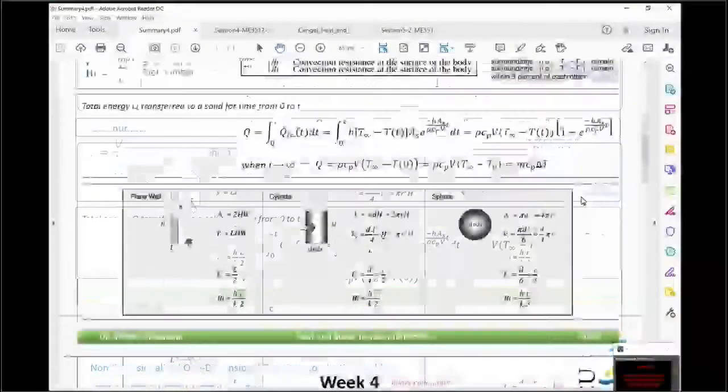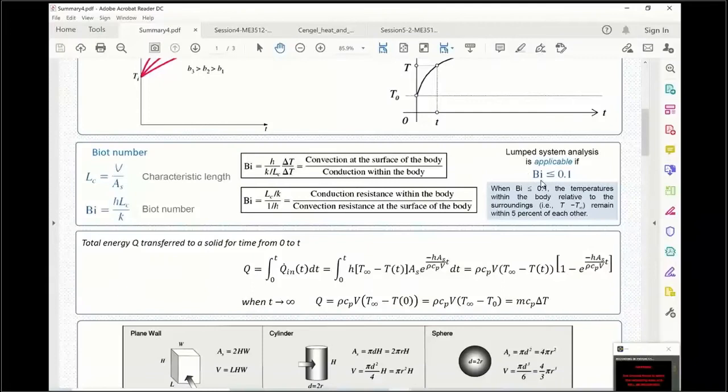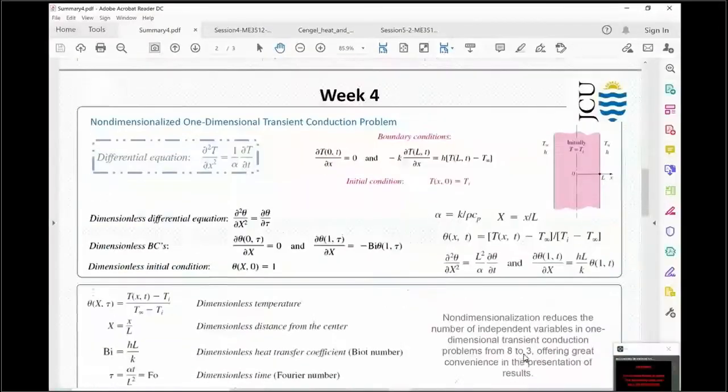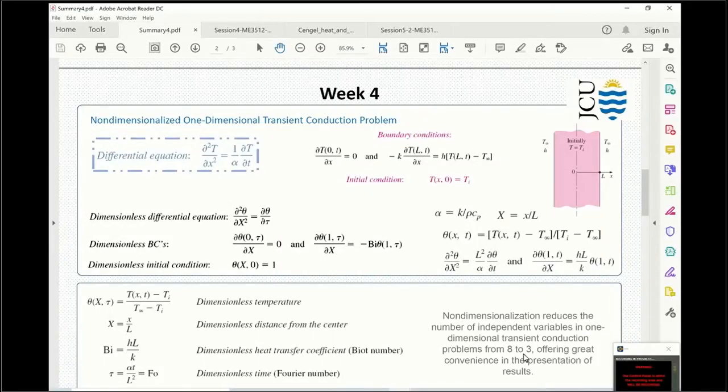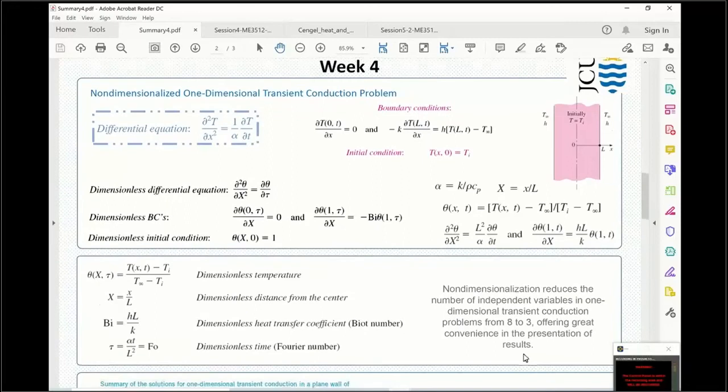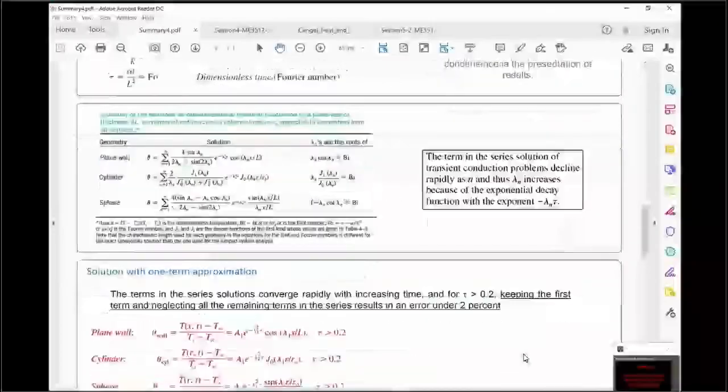To have lumped analysis, you need a Biot number smaller than 0.1. And the Biot number formula for a sphere is this; the characteristic length is L divided by 3. If we couldn't have a Biot number less than 0.1, then you need to use the partial differential equation and solve it.